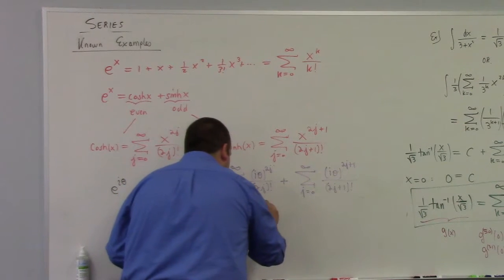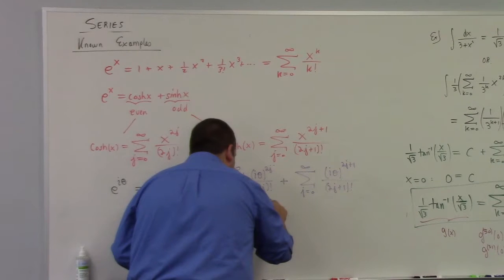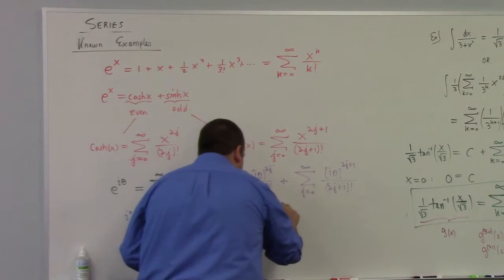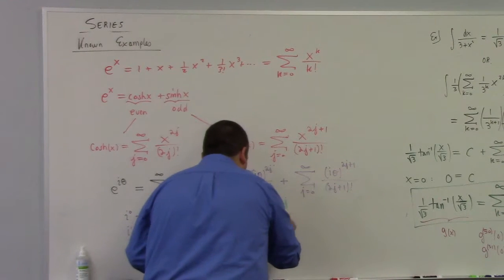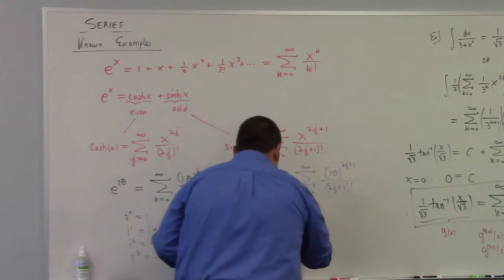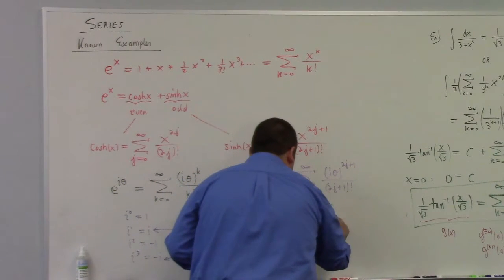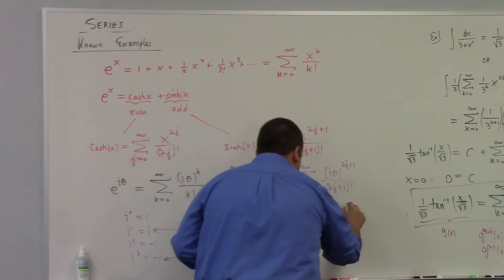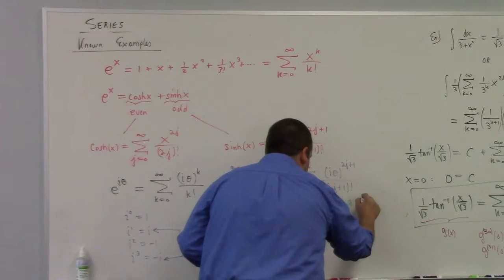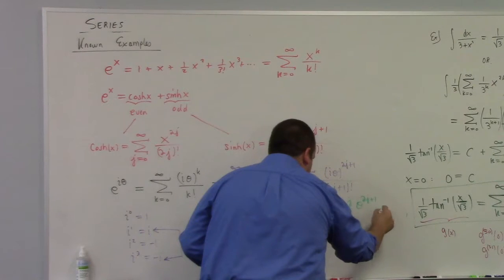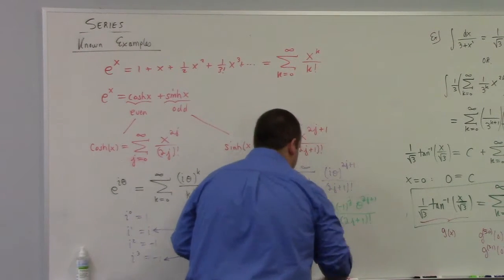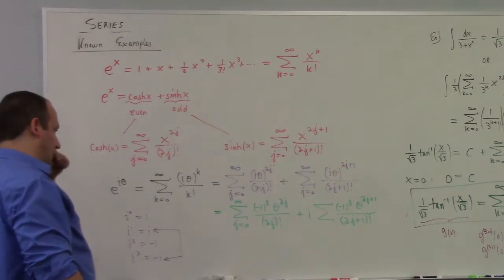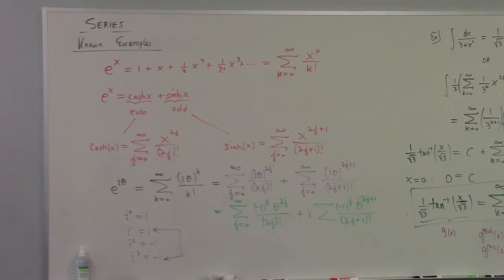I would argue that that is actually the sum of minus 1 to the j, theta to the 2j over 2j factorial, and this is actually plus i times the sum of minus 1 to the j, theta to the 2j plus 1 over 2j plus 1 factorial. Let's see if I can convince you of that. What is i to the 2j?